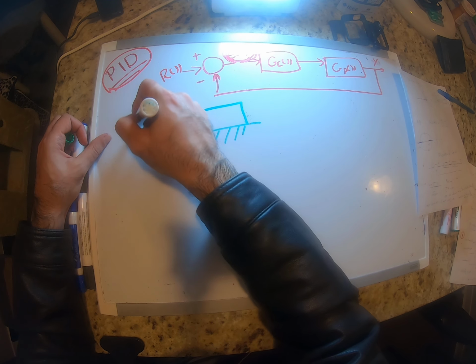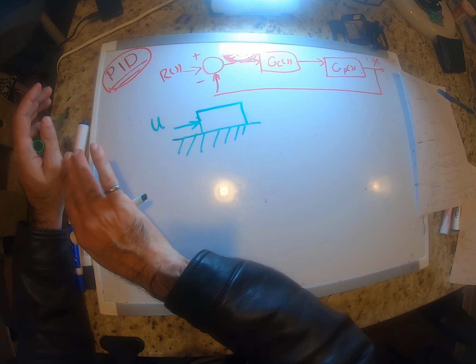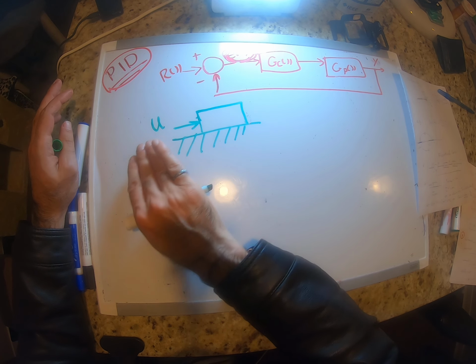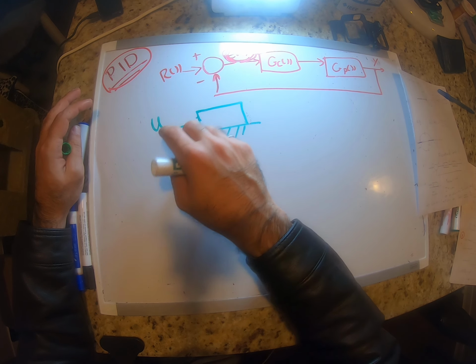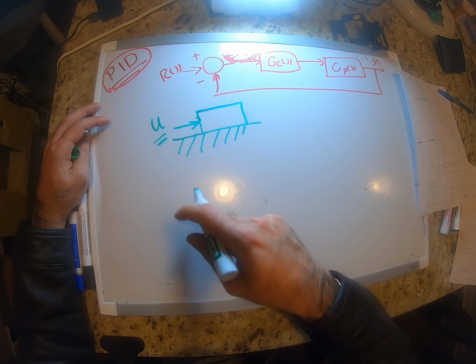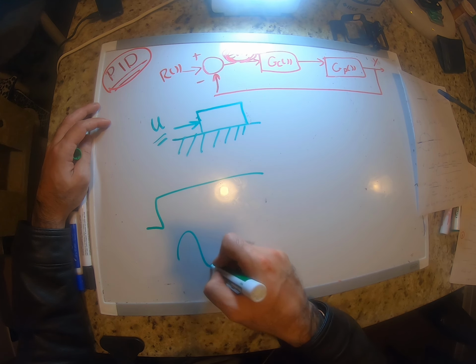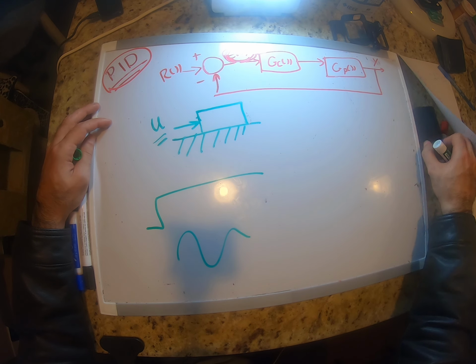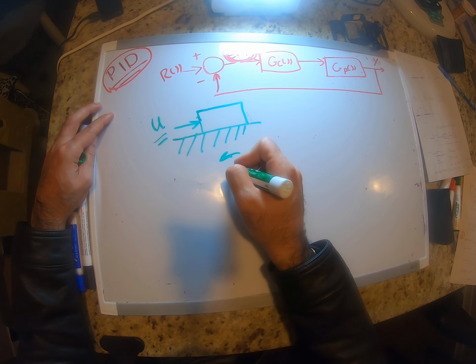Let's assume that if it's a unit function, it means it's going to be constant. If it's sine, it's going to be oscillating. It's not just a pulse. It can be a unit, or it can be sine, or it can be many different things. There's friction here.